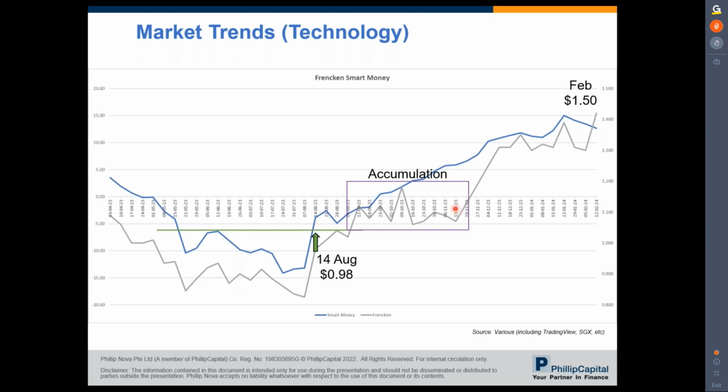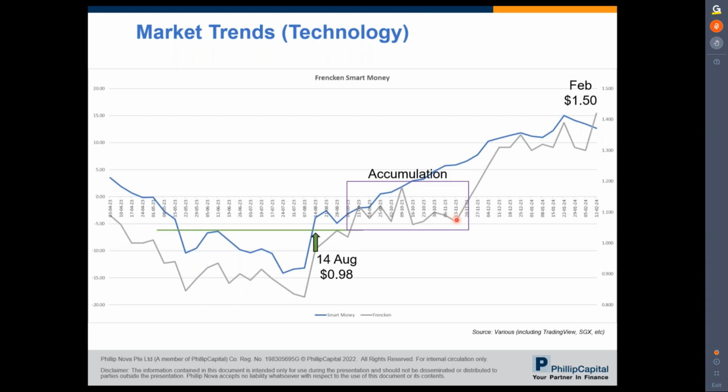Because eventually, as I mentioned just now, the divergence will undiverge again. So over here, you see the huge divergence between the smart money and the price chart. Smart money keeps going higher, the price chart stays low. But eventually, they will have to undiverge.